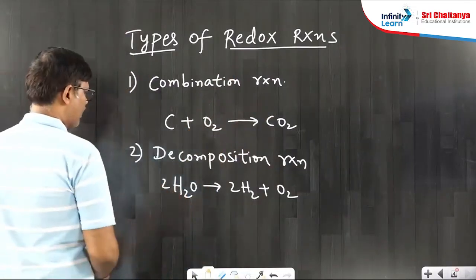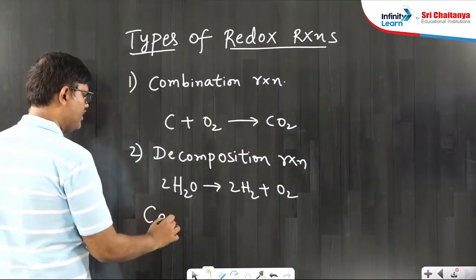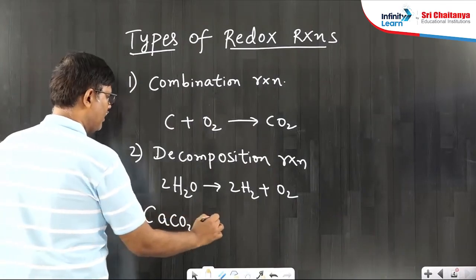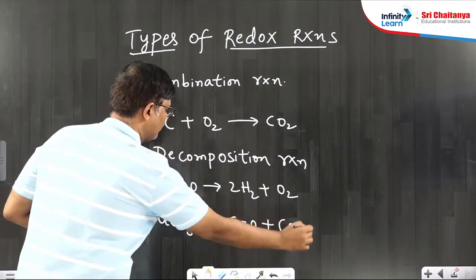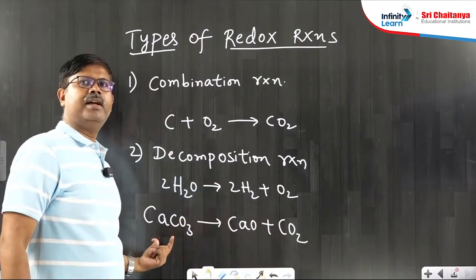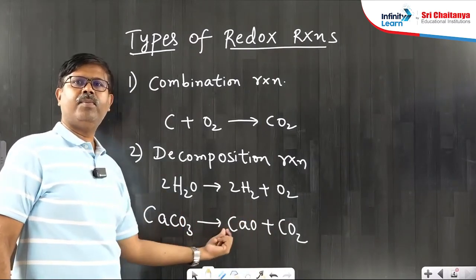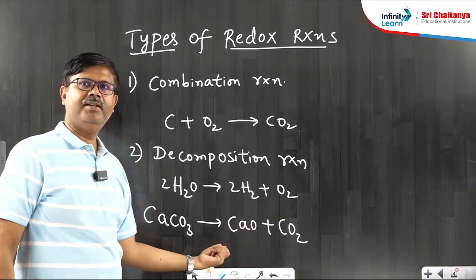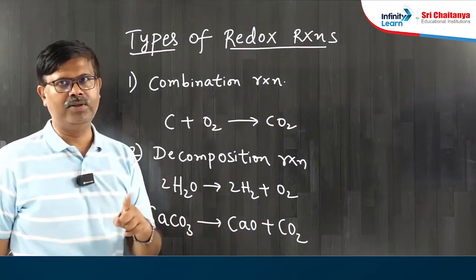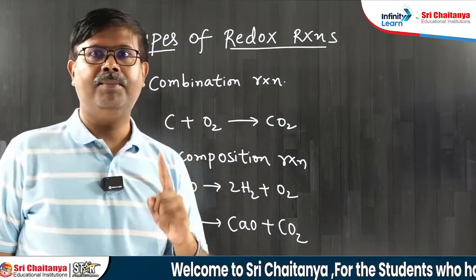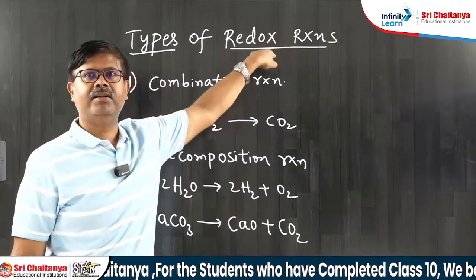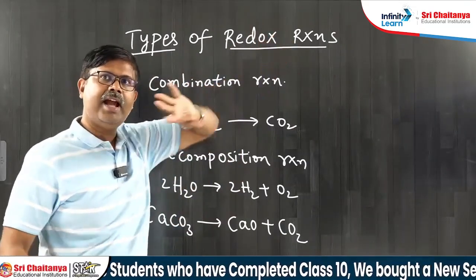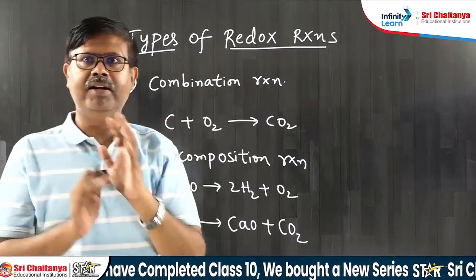Now remember, suppose I take CaCO3 gives CaO plus CO2. Here also a single entity is breaking into different species. So this is also a decomposition. But what are we discussing? Types of redox reactions. In the redox reaction category only, we have to see the different types.